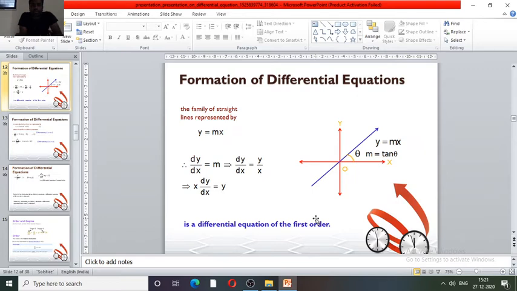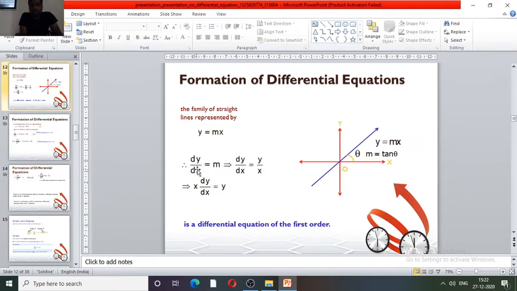Now we have y is equal to mx. In this equation, m is an arbitrary constant, and we want to remove this arbitrary constant.